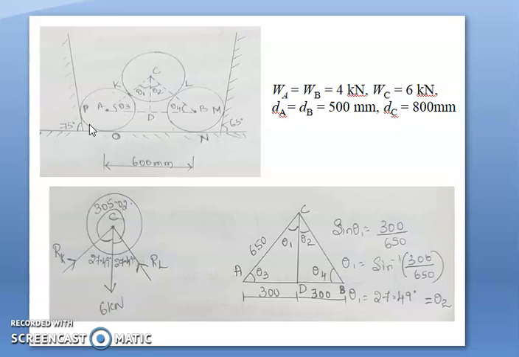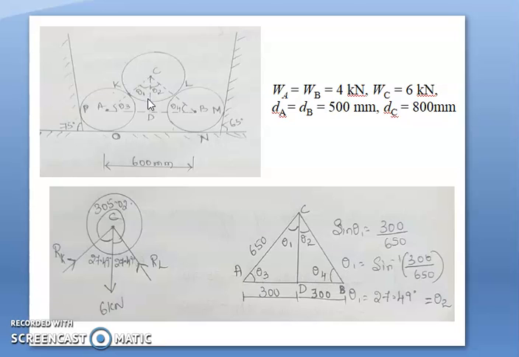And sphere number A is resting on an inclined surface at 75 degrees to the horizontal axis, and sphere number B is resting on an inclined surface which makes 65 degrees with respect to horizontal, and C is resting on A and B. So I will form a triangle in such a way that joining center of A, center of C and center of B, it will form a triangle.